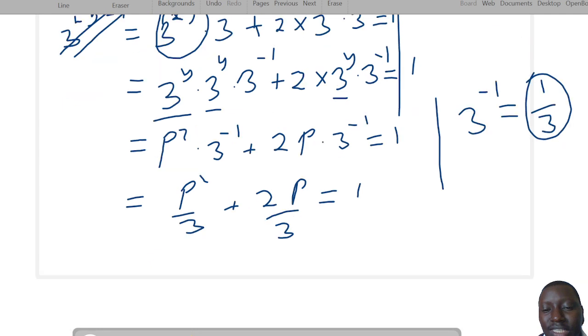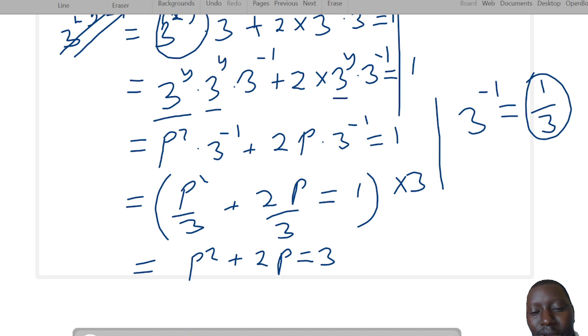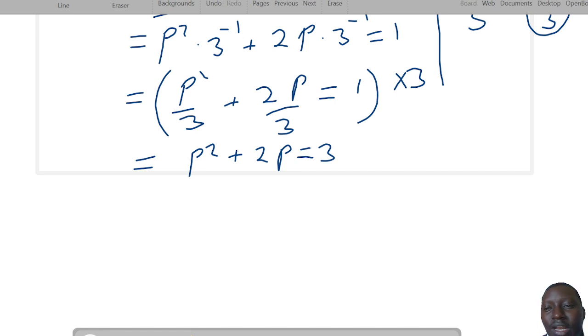So what follows next is that I may opt to eliminate this fraction, and that implies that I multiply by 3 all over. Then I'm going to have p squared plus 2p is equal to 3. And once again, we might want to rearrange this to form another quadratic equation, which we need to solve and find the value of p.